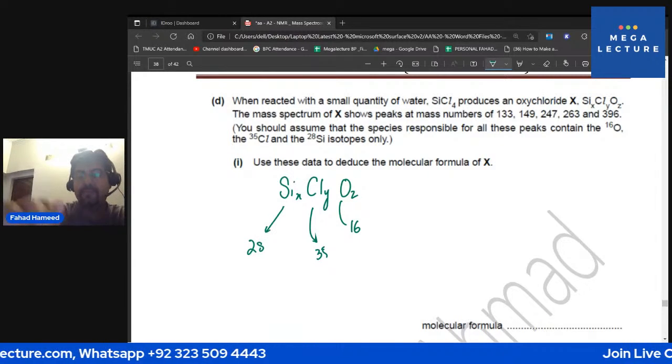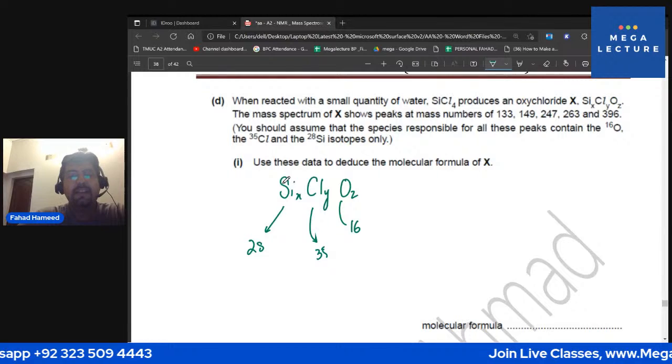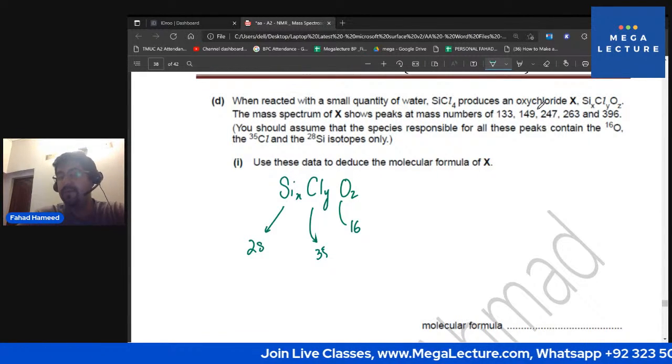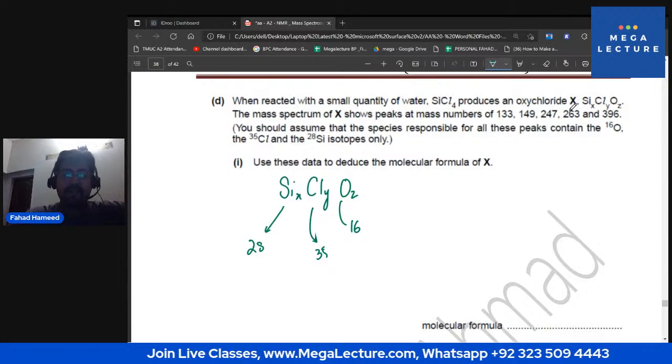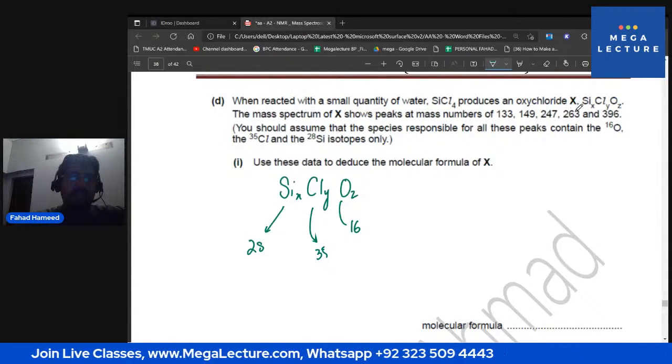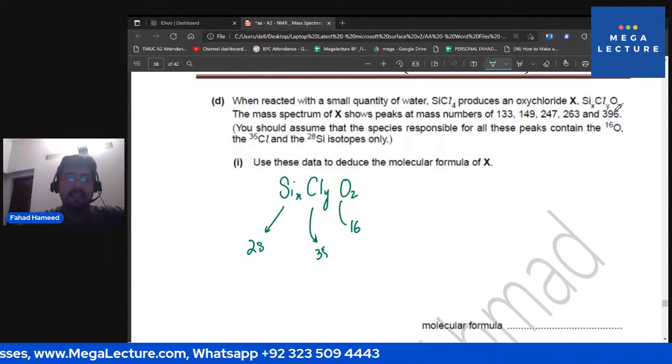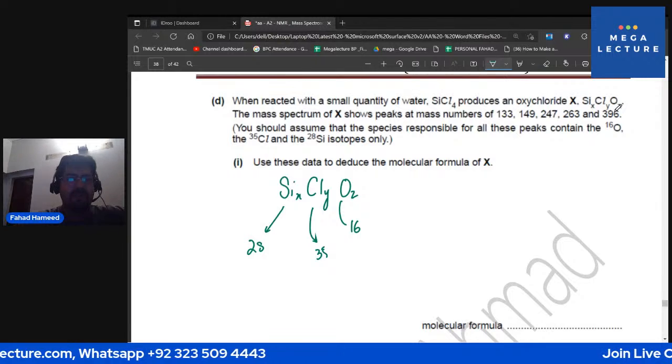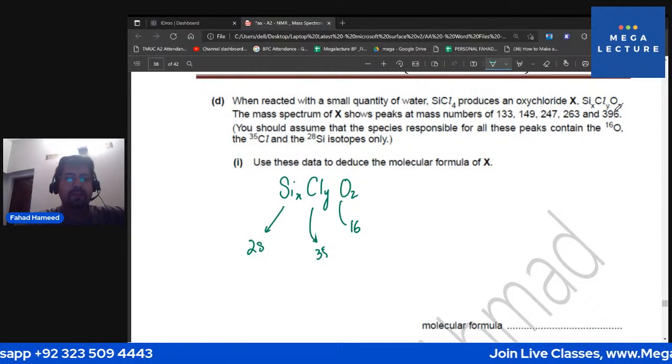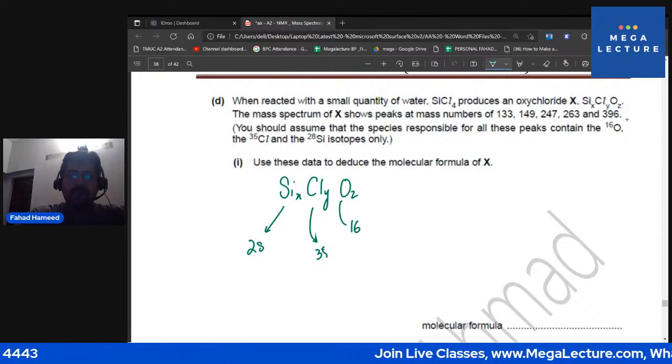There are no other isotopes. They did the mass spectrum and they found something at 133, 149, 247, 263, and 396. And this one would be the molecular ion.